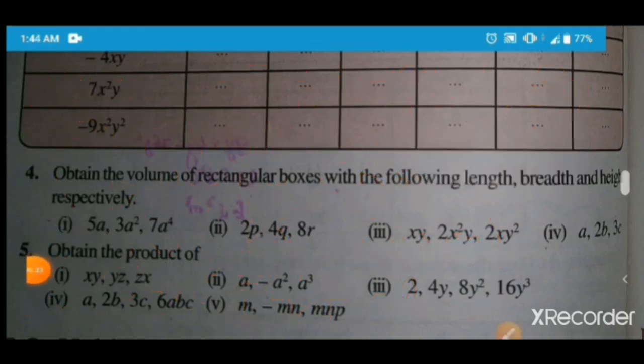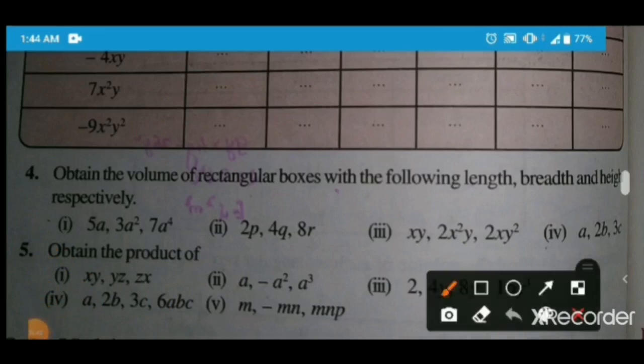Now the question 5, obtain the product of part 1: xy, yz and zx. So for the solution of this part we can write, it is given xy, yz and zx.